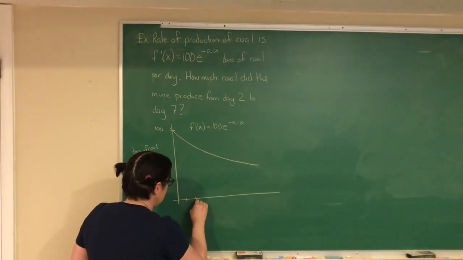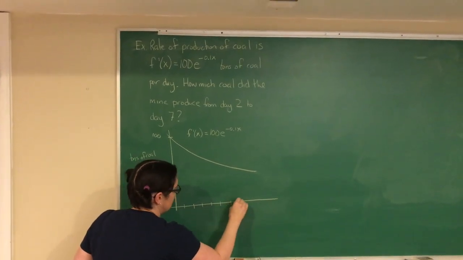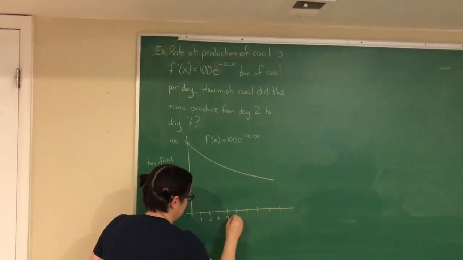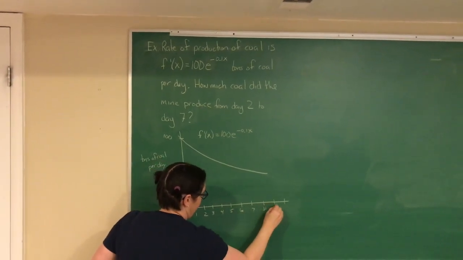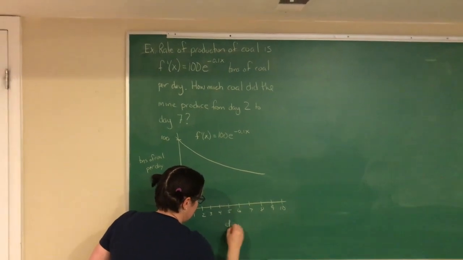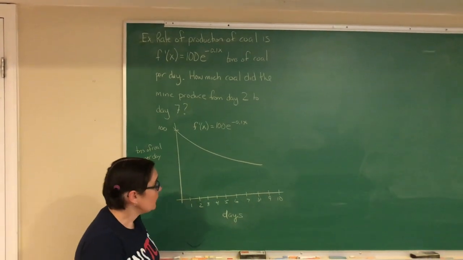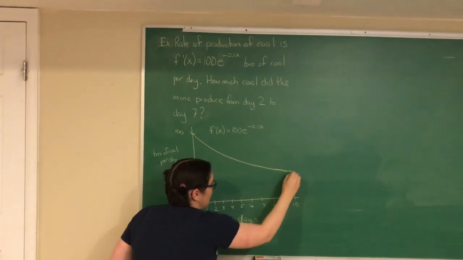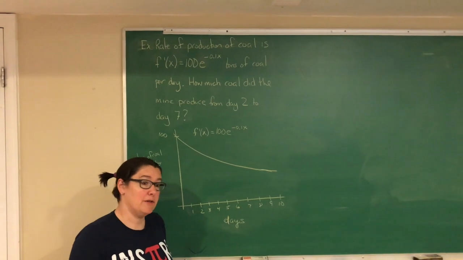So we have 1, 2, 3, 4, 5, 6, 7, 8, 9, 10. And these are days.